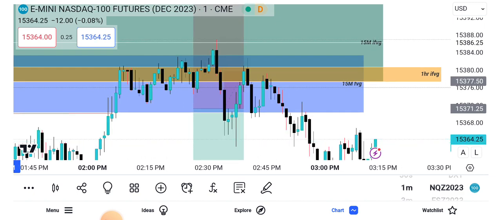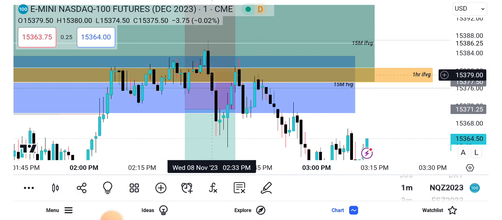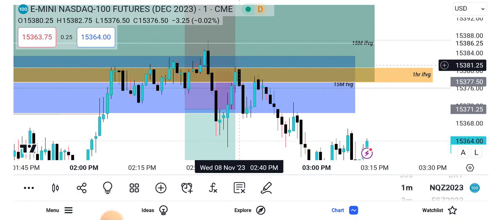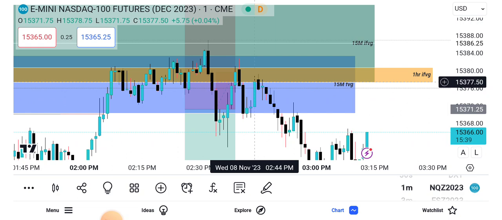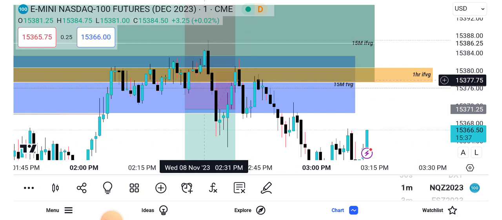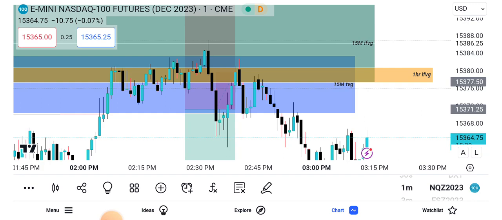Price moved higher into this fair value gap here. Let me show you these candles' low and these candles' high. We have a fair value gap there, and it reacted off that by closing below and sharply rallying down. Price rallied up to this fair value gap, which acted as resistance, along with the 1 hour inversion fair value gap there.